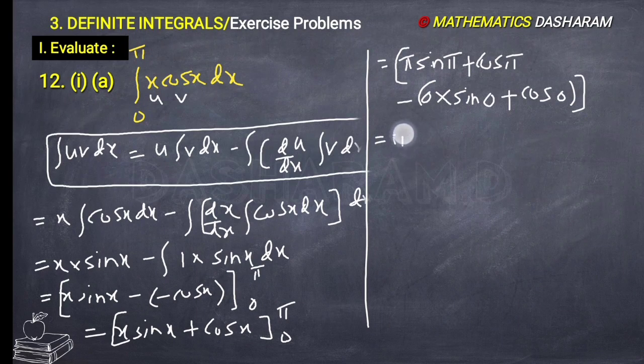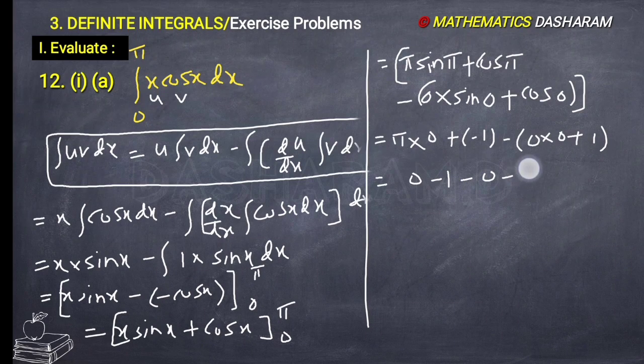So pi into sin pi is 0, plus cos pi is minus 1, next minus 0 into sin 0 is 0, plus cos 0 is 1. Pi into 0 is 0, minus 1, here remove the bracket, minus 0 minus 1, so it is equal to minus 2, which is our required answer.